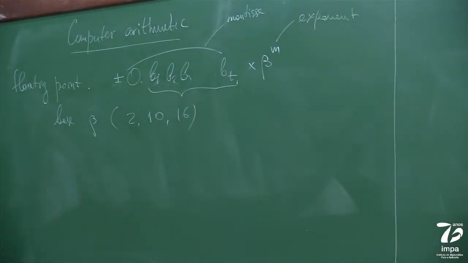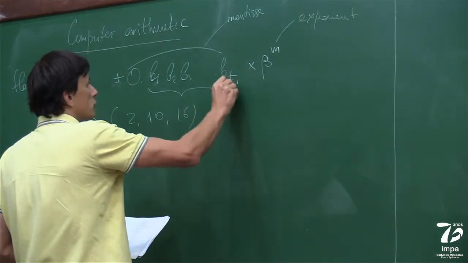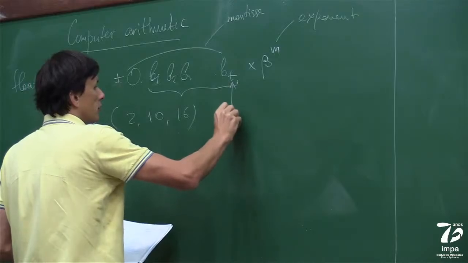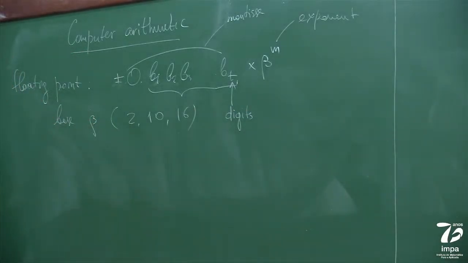So this is how all the numbers are represented, and t is the number of digits in your arithmetic. So that's an important property.